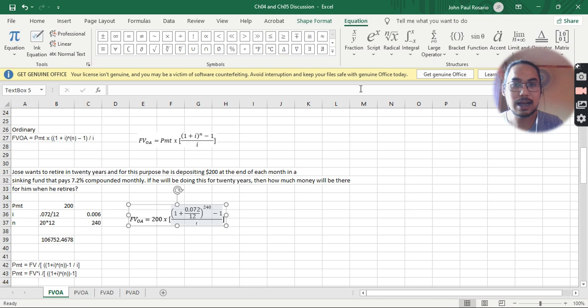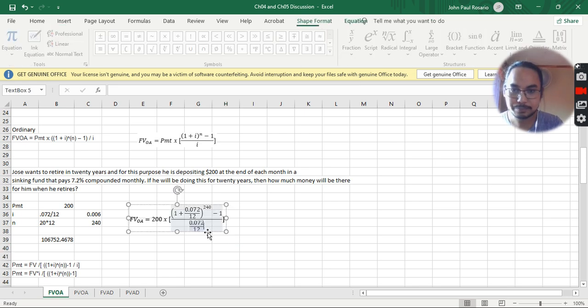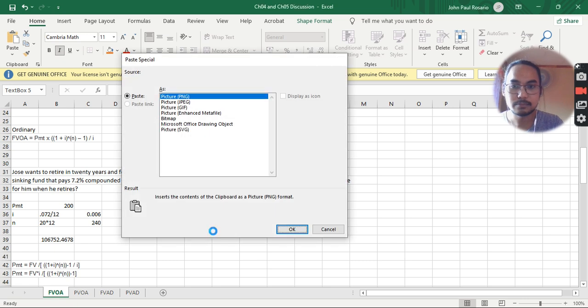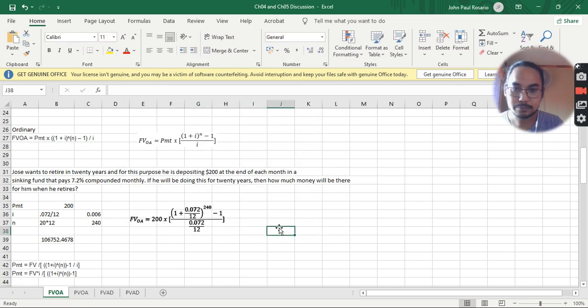Then we solve this using a calculator, or in this case I can use Excel.